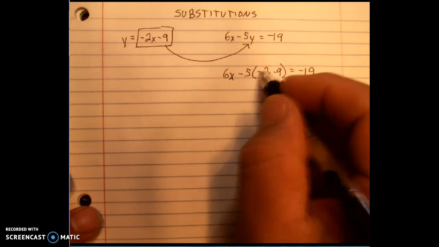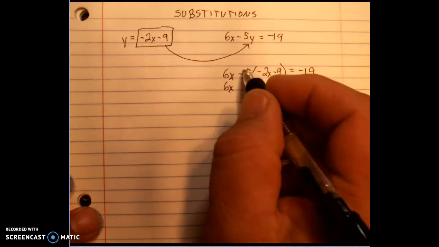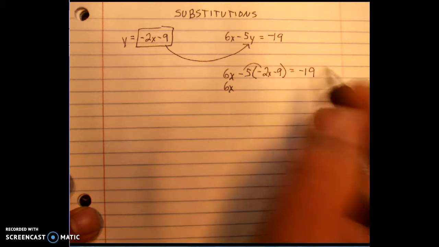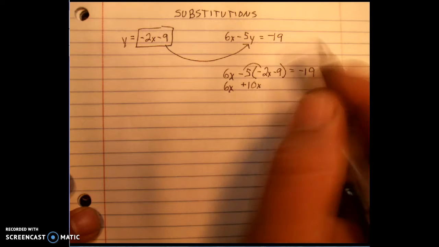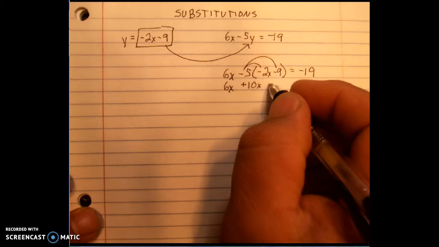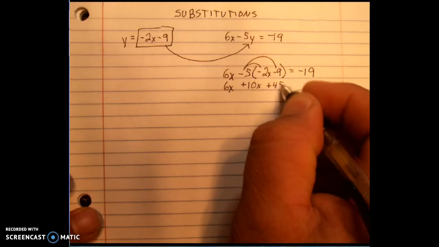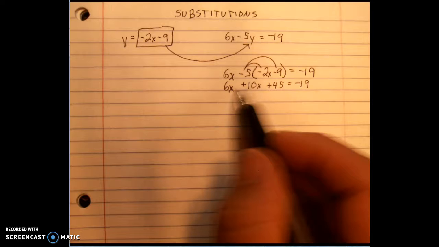We're going to distribute, so 6x, distributing negative 5 times negative 2x is a positive 10x, watch your signs, and a negative 5 times a negative 9 is a positive 45. I have a couple of like terms.